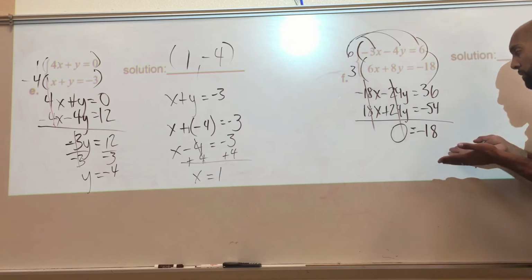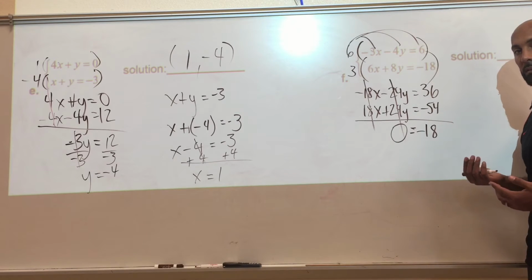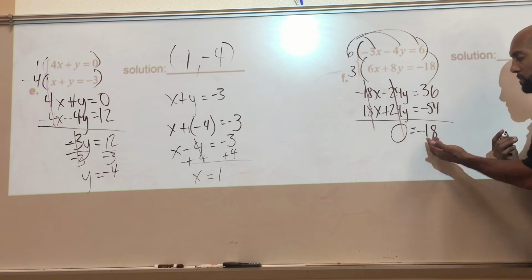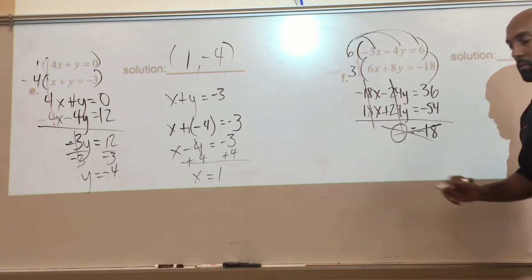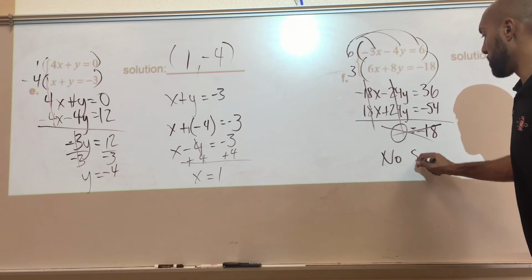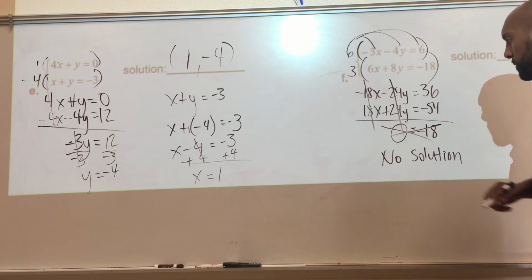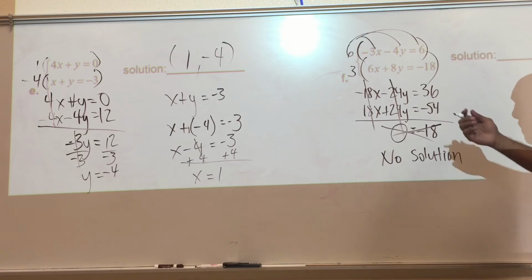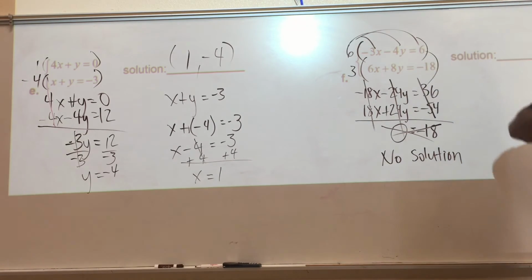And so you stop there. Here, if I don't have any more variables, and it's 0 equals some number, well, first of all, this is not true, so there's no solution.